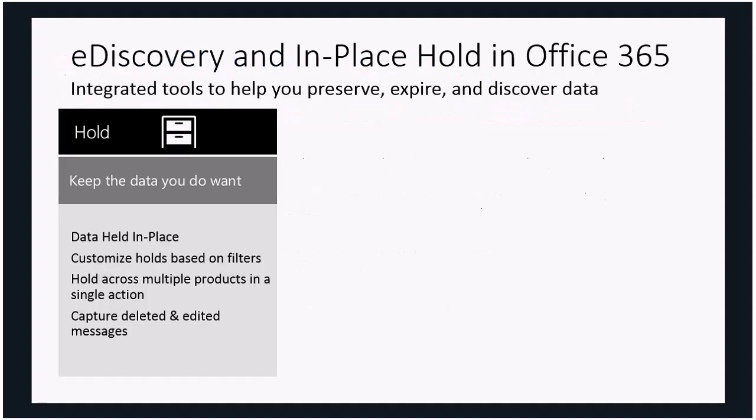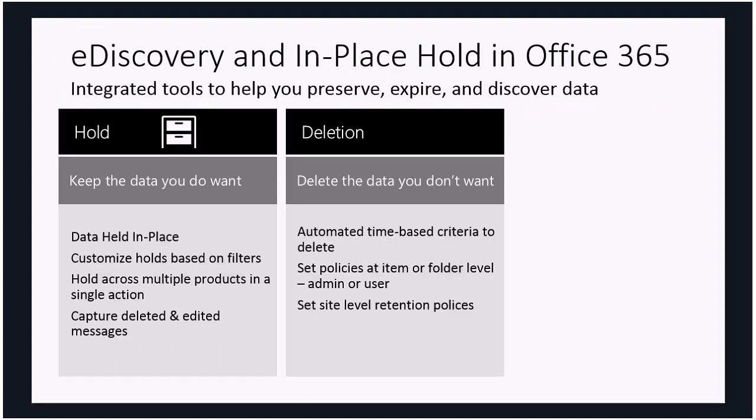So again, we talked about e-discovery and in-place hold in Office 365. We've got the integrated tools. The advanced plans allow you to put mailboxes on hold. It allows you to put SharePoint sites and information on hold, so that preserves any changes that are made as well as the original. It also means that when you delete information, you can set up policies so that it happens at a certain time.